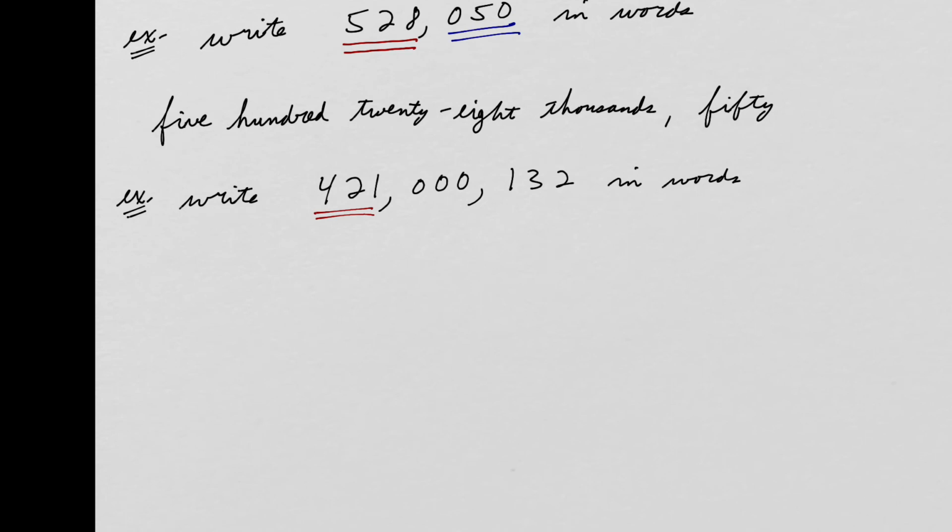So 421. And in what period is it in? It's millions, right? So I would write million. I don't have anything in the thousands group or thousands period, right? So 0 thousands, you don't need to write that. And then finally in the ones group, I have 132.